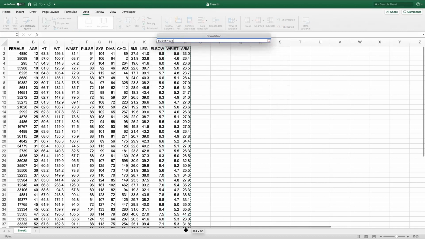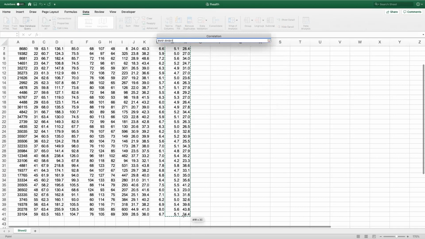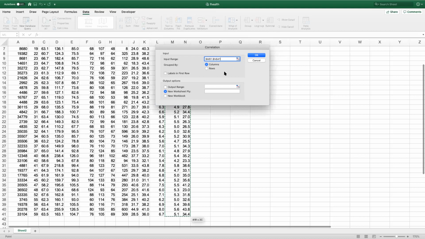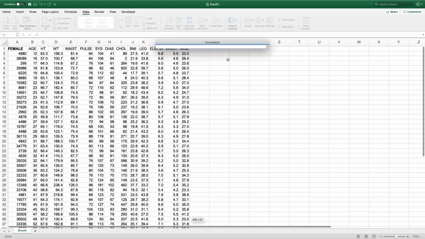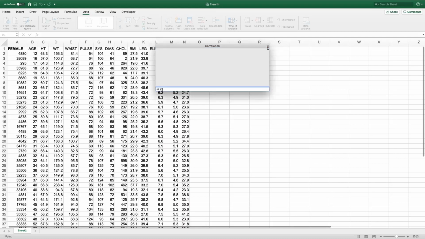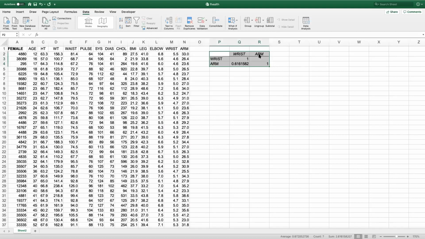The wrist and the arm, those are the guys I'm trying to find the correlation of. I have labels in the first row, and I'm going to put the output on the same sheet somewhere here and hit OK.